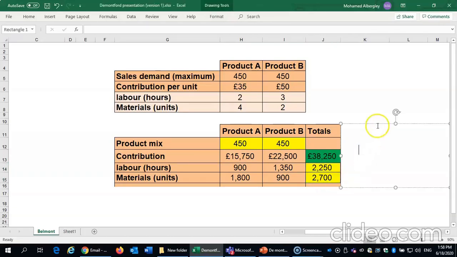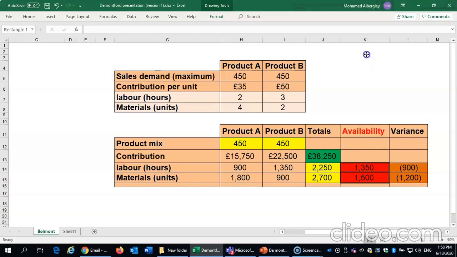But here, if I take this one up, you can see what we have from the resources. What we have is less than what we need in order to produce this product mix.